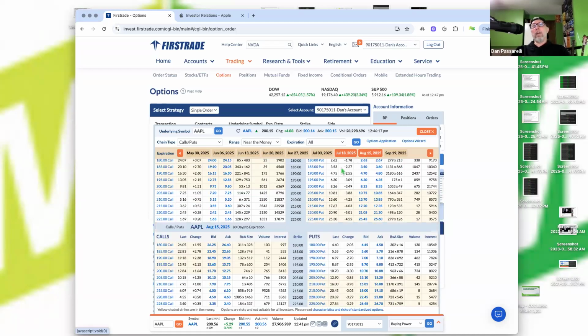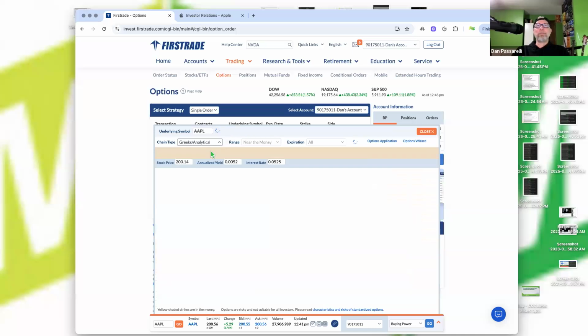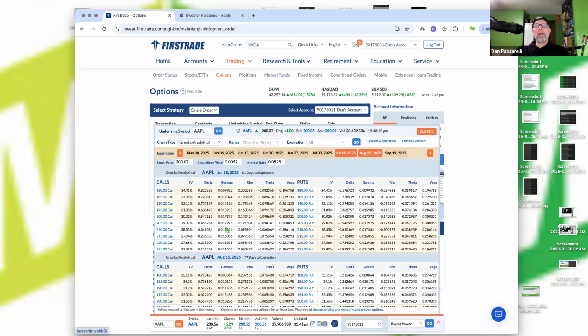So let's reconfigure here. July 18th would be 3 weeks away. It's going to be the same thing with the Greeks, right? July 18th compared to August 15th. July 18th theta for the 200 strike, we lose 10 cents a day on the calls and 7 cents a day on the put.